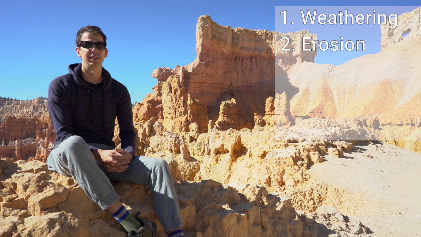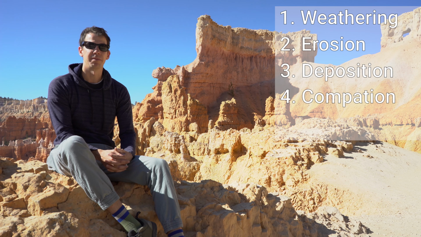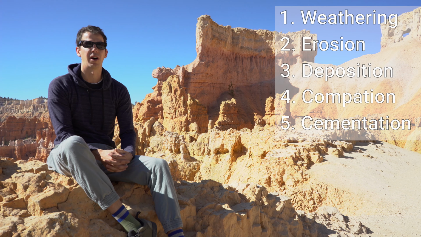The third step is deposition, and that's where those pieces come to rest. They accumulate, and then those fragments are compacted through pressure and cemented together, and that's caused by groundwater flowing between all the grains that were deposited.